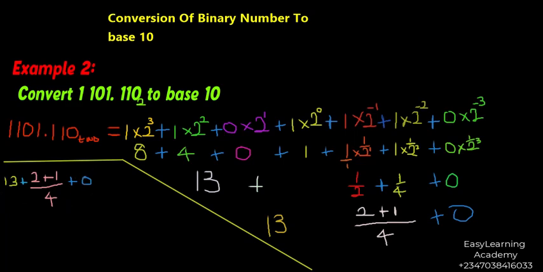Right, so I want us to bring down 13 here, and then solve for this fraction part. If we are solving the fraction part, I want us to add it up. 2 plus 1 will give us 3, making it 3 over 4, and then plus 0, it will still be the same thing.